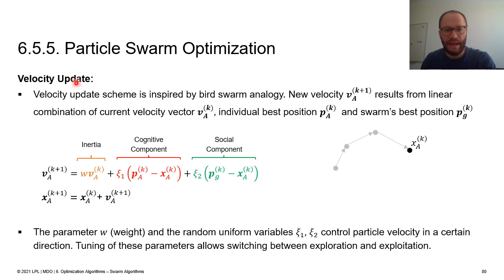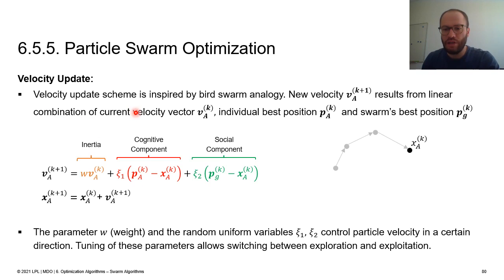For the velocity update, now all those 4 factors are combined. So this is the main ingredient, inspired by the bird swarm analogy. What we do now is calculate a new velocity for the next iteration by a linear combination of the current velocity, the individual best position and the swarm best position.